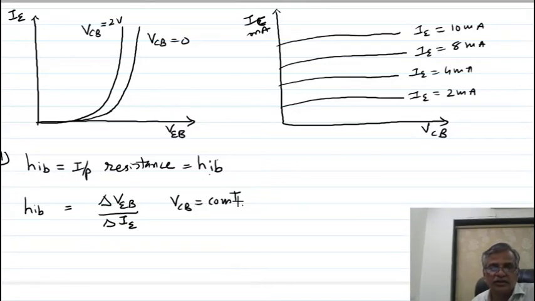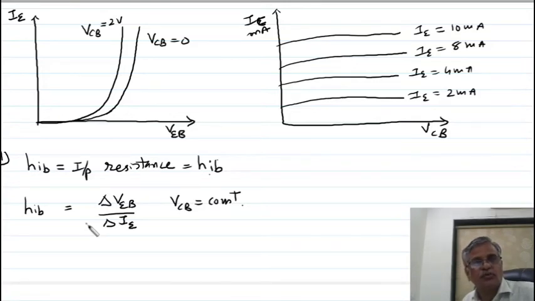Listen again. Input resistance of the common base is the ratio of change in emitter base voltage to the corresponding change in emitter current at a constant value of the output collector base voltage.